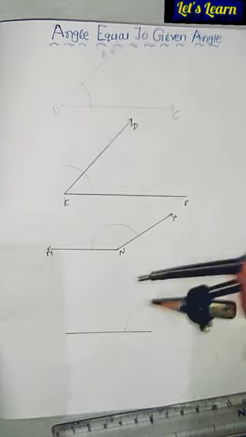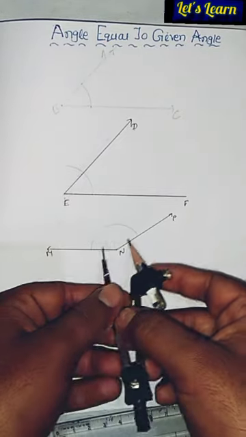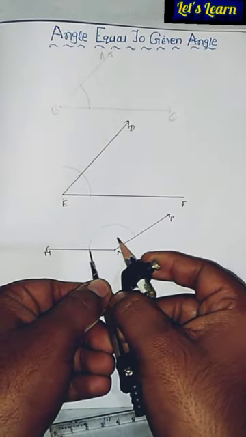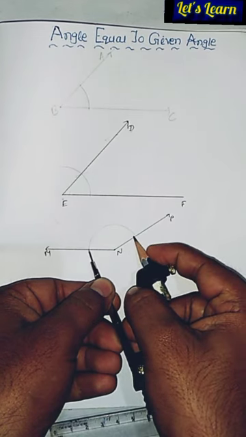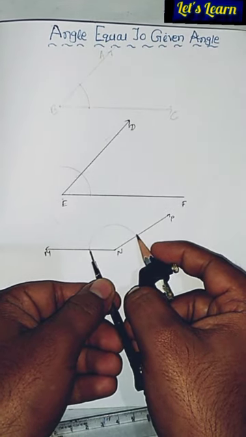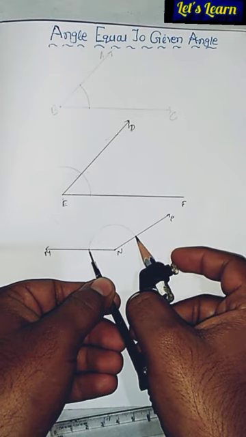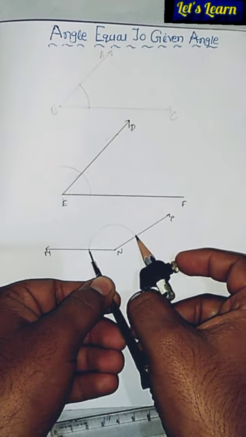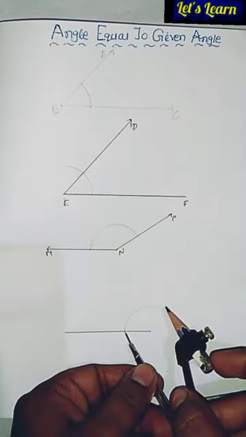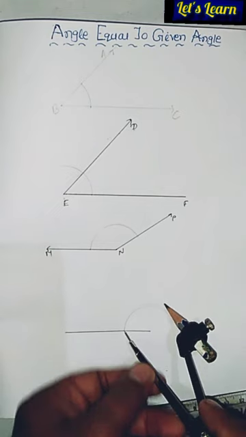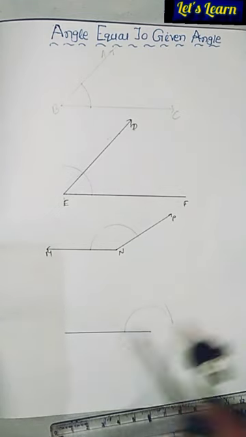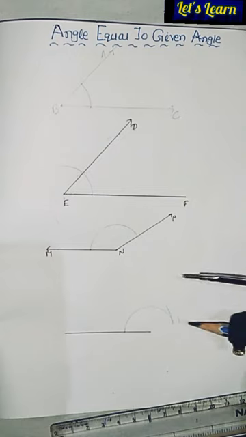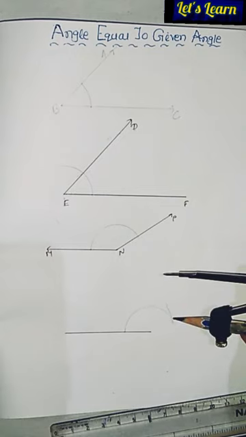Now, let us measure the arc length. We have measured it clearly. Put it here and mark a cut. So here we are getting a point.